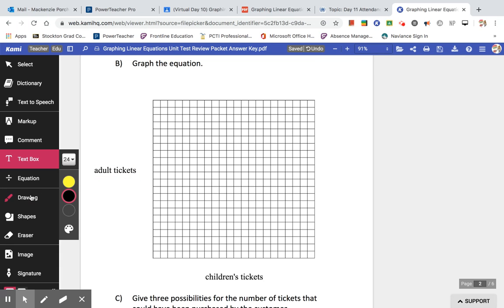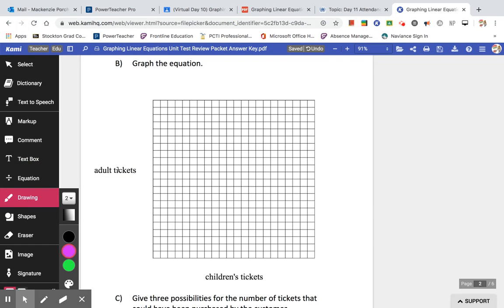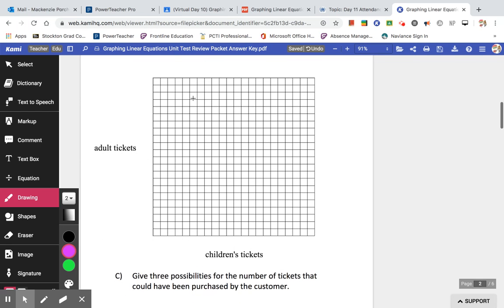When we number these, we're only going up to, I believe, 6 and 4, so you can label these by ones. We go 1, 2, 3, 4, 5, 6 both ways. You don't have to put all these numbers on here, but I'm just showing you that that's what I'm counting by.